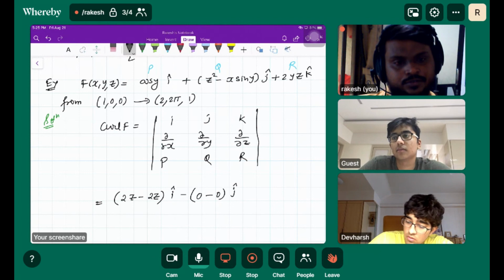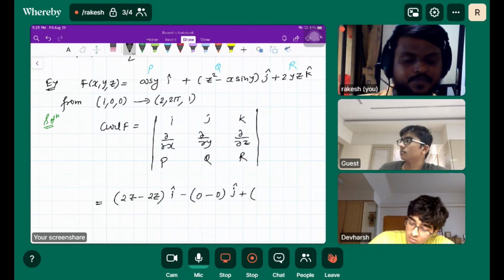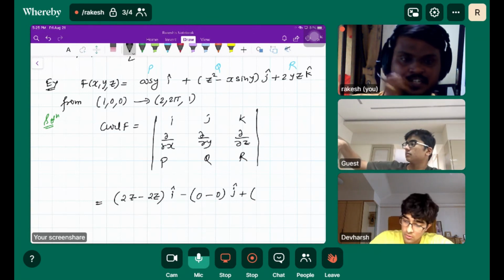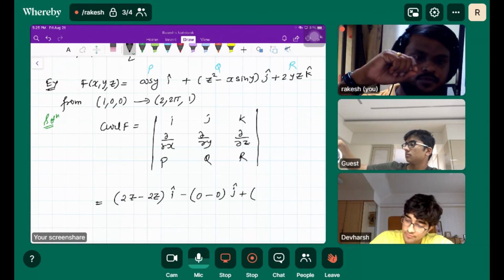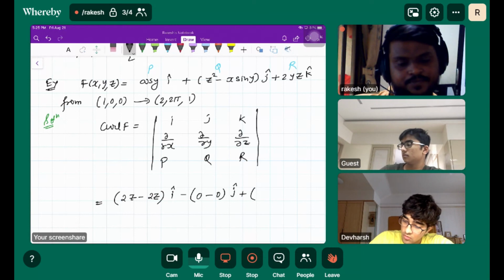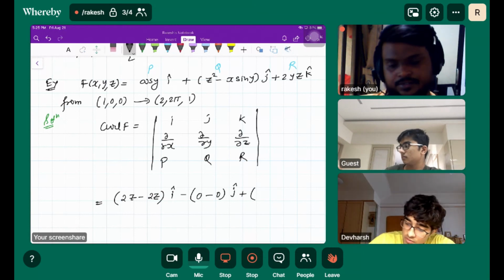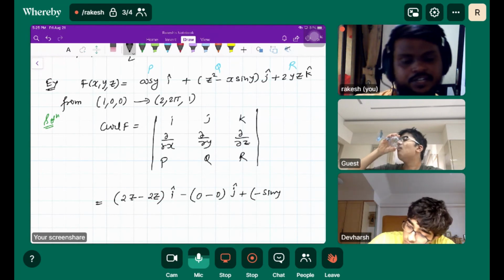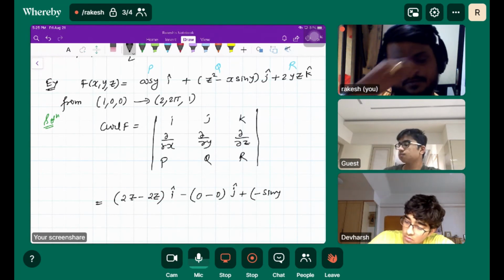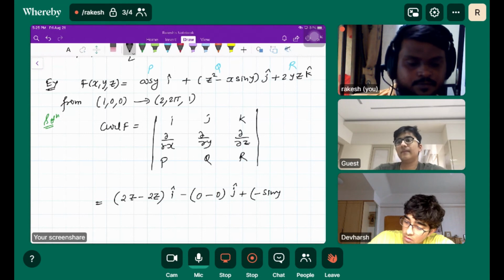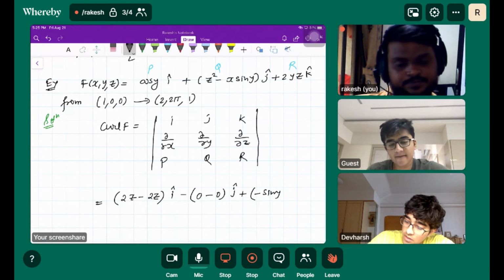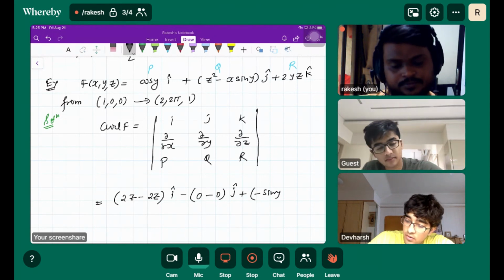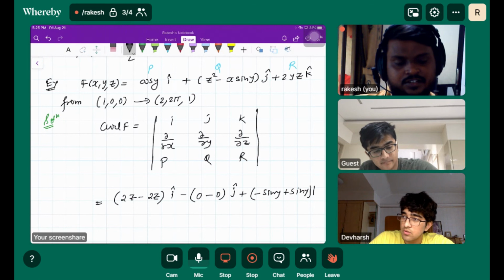Plus the partial derivative of q with respect to x, which is minus sin y, and then the partial derivative of p with respect to y, which is minus sin y. k cap.